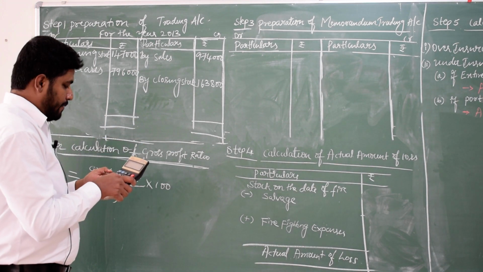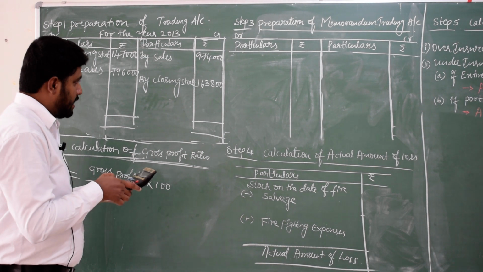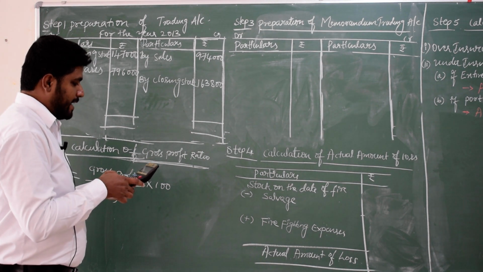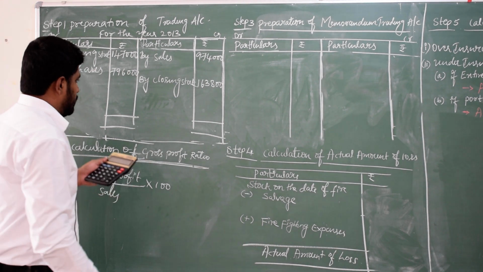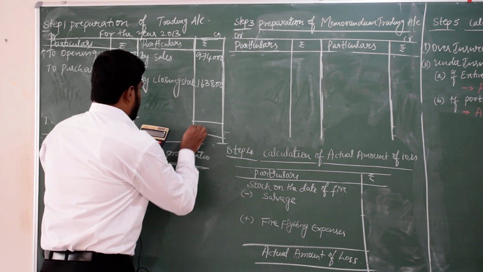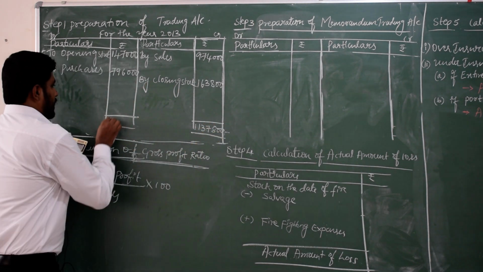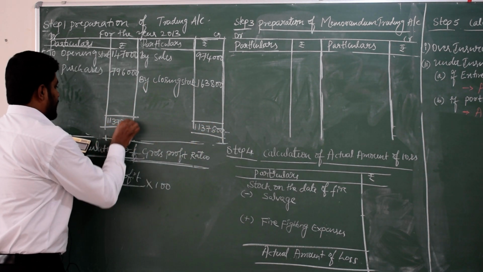So in credit side, 9,74,000 plus 1,63,800. The total will be 11,37,800.